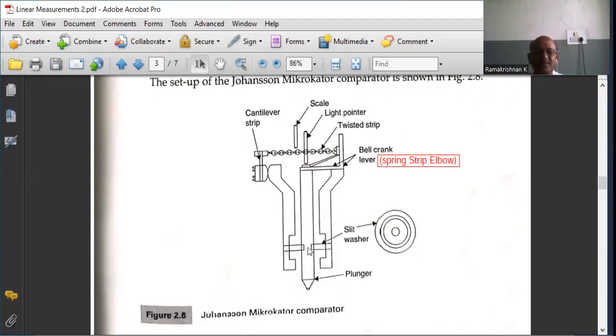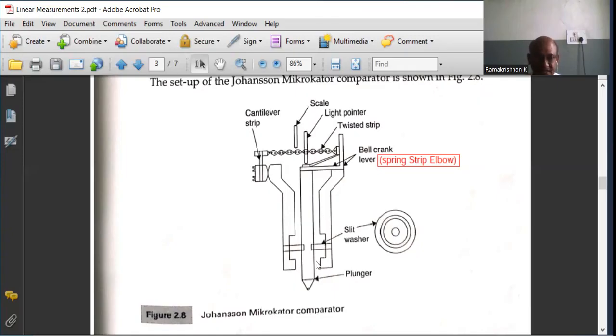If the plunger moves, the twisted strip changes its length, thereby the pointer deflects through a certain angle.